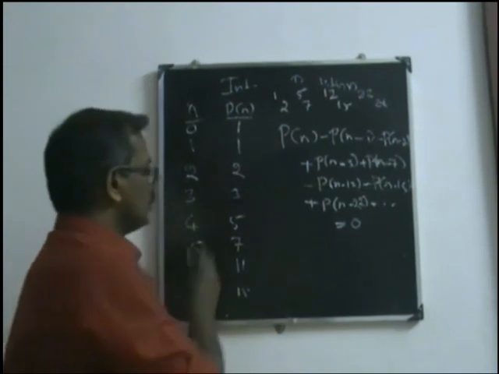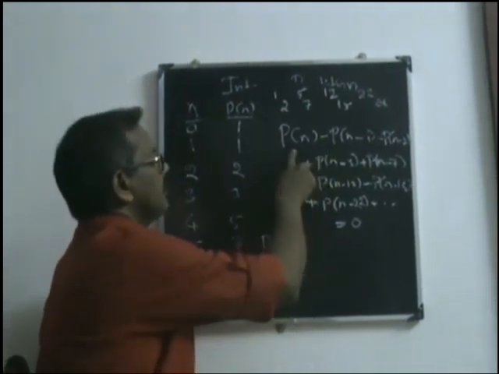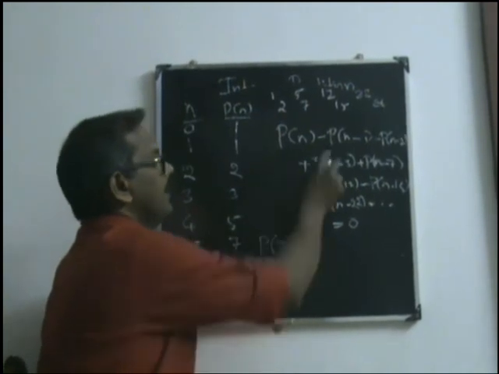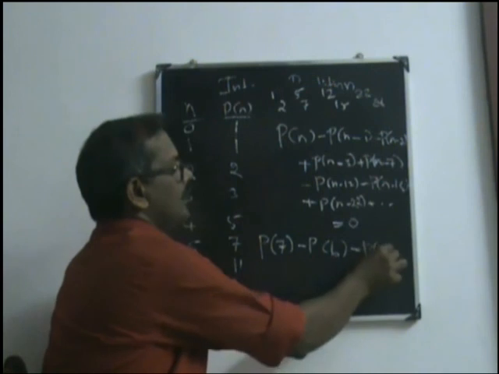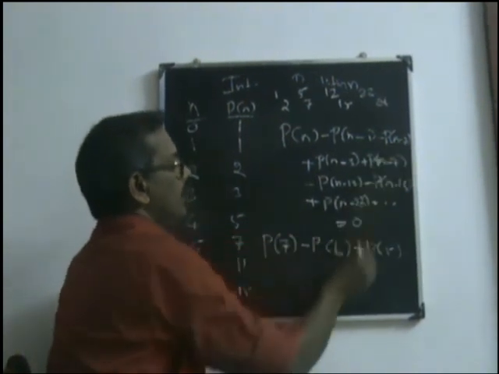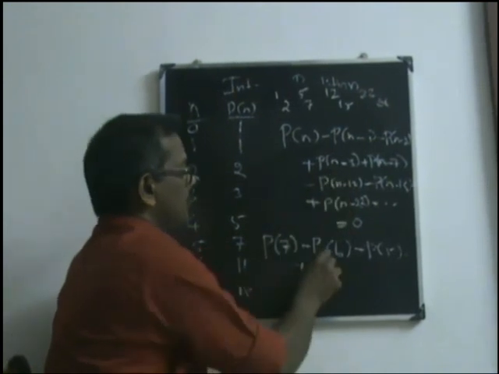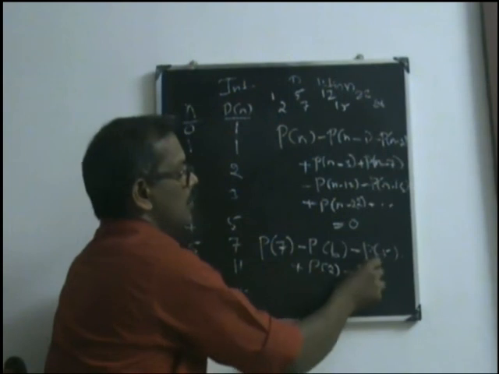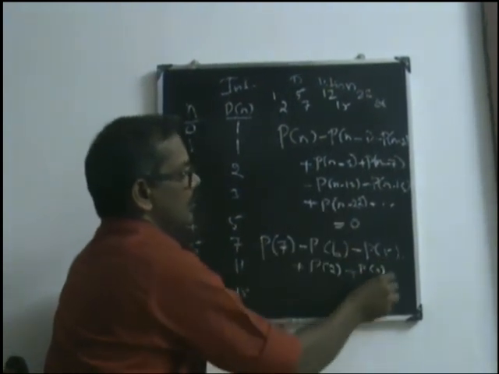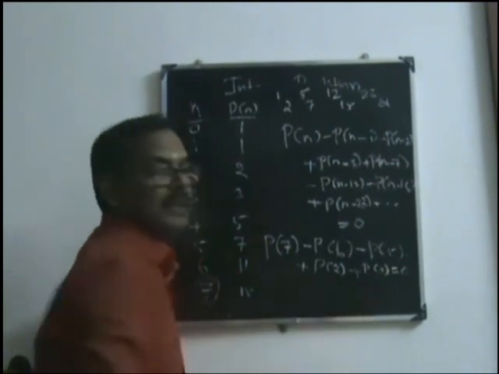Based on this formula, P of 7 minus P of 7 minus 1, that is P6, minus P5, because 7 minus 2 is 5, then plus this is P of 2, then 7 minus 7 is 0, P of 0, and the remaining terms have negative arguments, so they are all 0. So this is equal to 0.